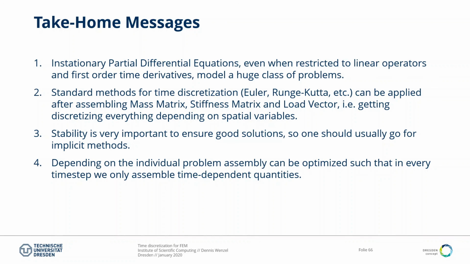If your stiffness matrix does not depend on time, you just assemble this once, which means that you can reduce the process of assembly to the necessary part and only solve a linear system. And because those matrices are still sparse, just like before, you can still use all those efficient linear solvers.